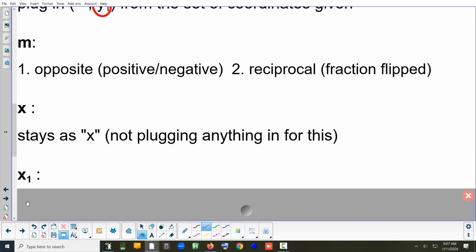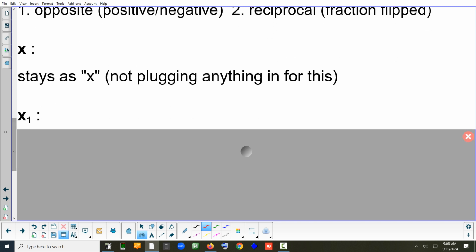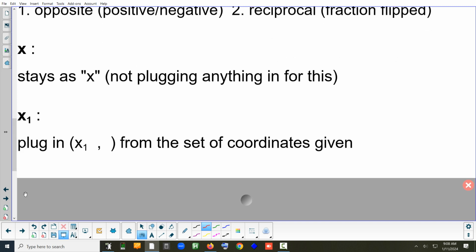X1. And where does that come from? First number in the parentheses. Yep. It's going to be the first number in that coordinate. So you're going to look at the coordinate that I give you, and write down the number before the comma.